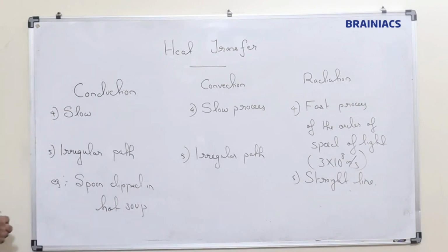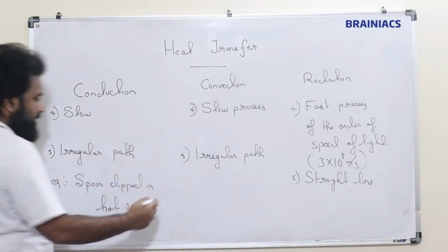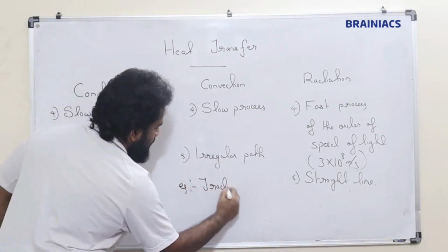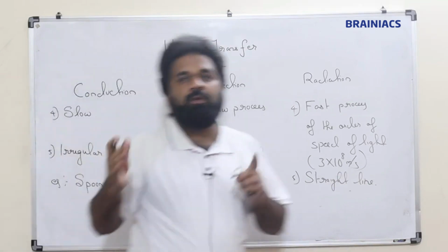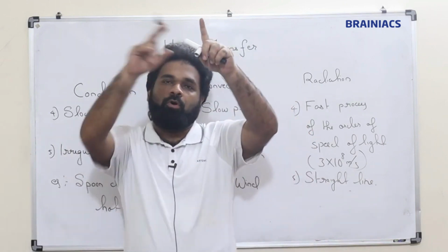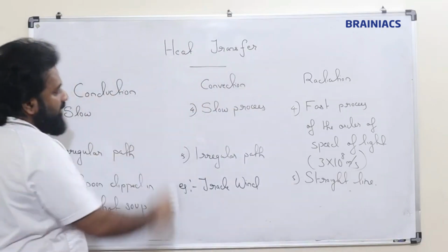Okay, here the example is trade wind. What is trade wind? The wind that is happening between equator, pole, north, east. All these are because of convection.